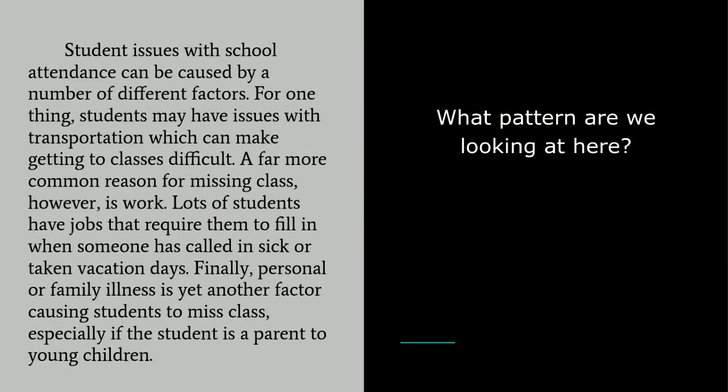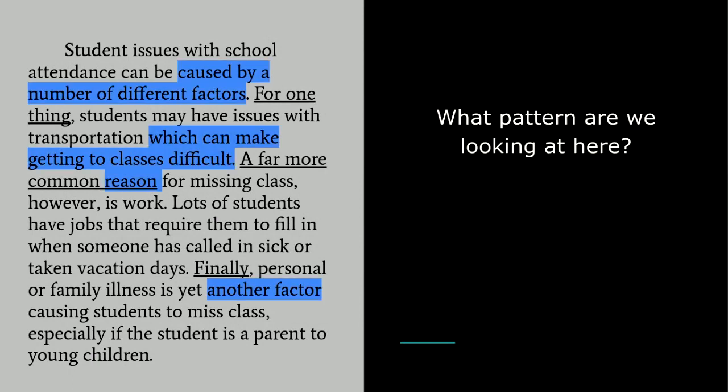Finally, a personal or family illness is yet another factor causing students to miss class, especially if the student is a parent to young children. Right, we're going to look for, we've looked at, here's something for one thing, a far more common. Let me go to the next one.